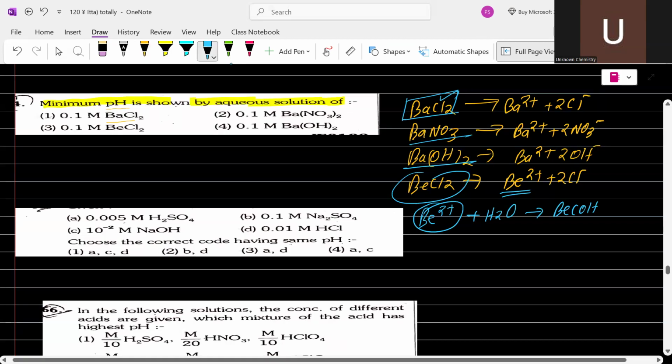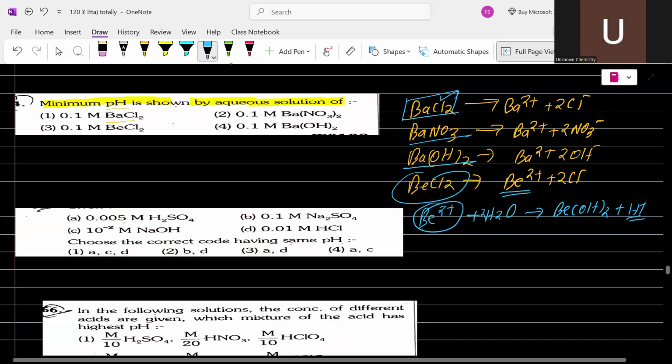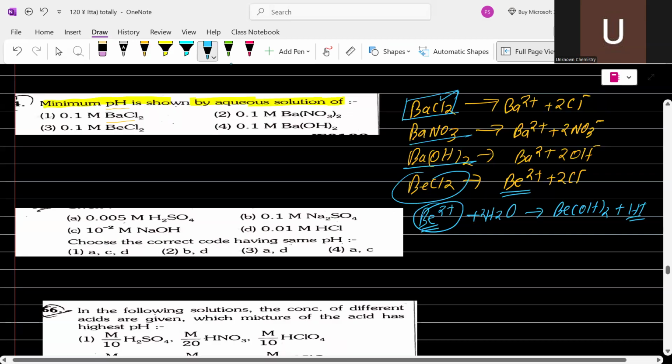It will withdraw the OH ion from the water and release H plus ion in the water. Be2+ is small in size, beryllium, and because of its small size, the polarizing power of Be2+ is maximum. That is why the right answer is minimum pH is shown by BeCl2, not by Ba.